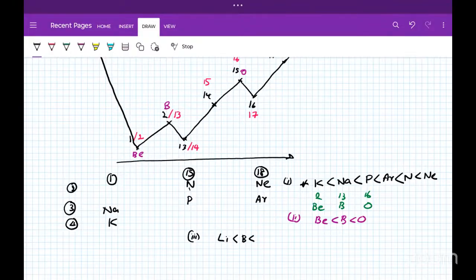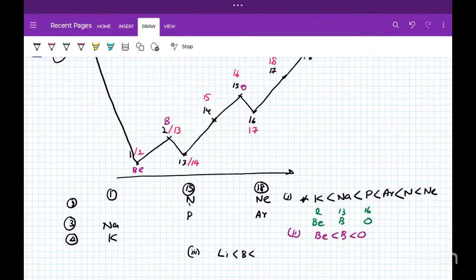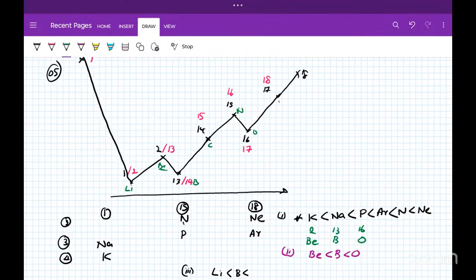First ionization energy, right? I'm talking about the first ionization energies. So this should be lithium, beryllium, boron, carbon, nitrogen, oxygen, fluorine.